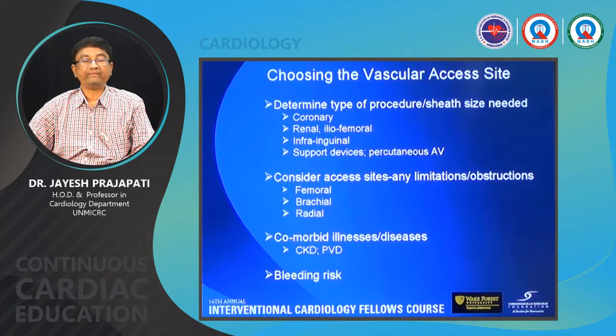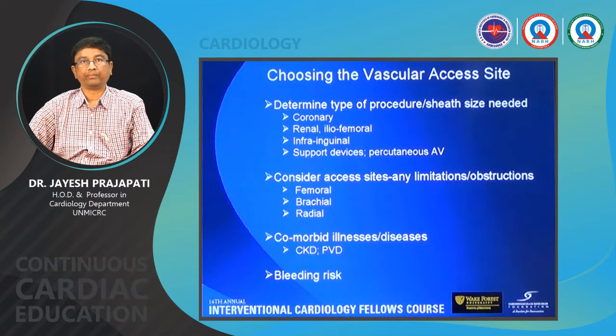When we choose a vascular access site, we have to think about what procedure we are taking access for. One is coronary intervention. Nowadays, because of familiarity and enough experience with the radial, most people take coronary mainly through the radial route, except in certain situations.